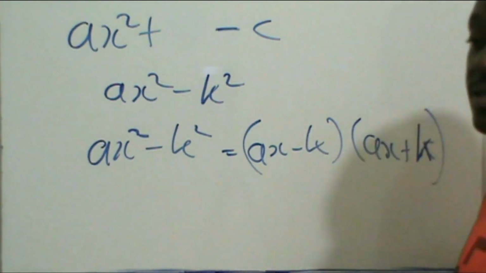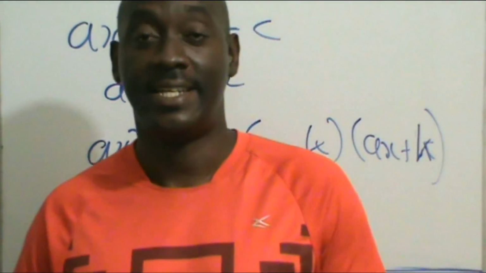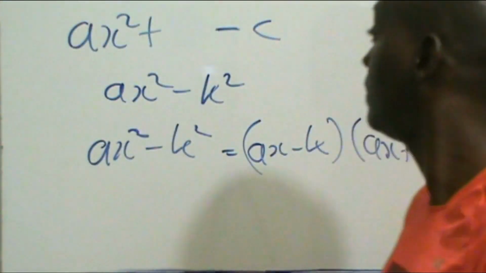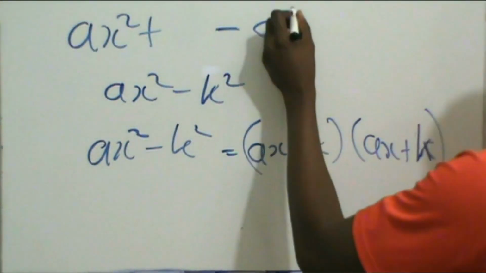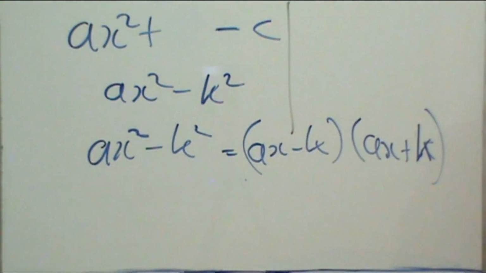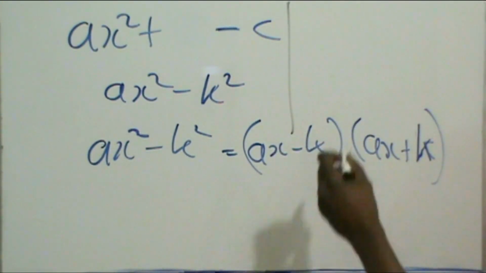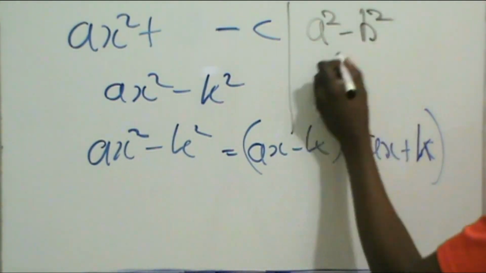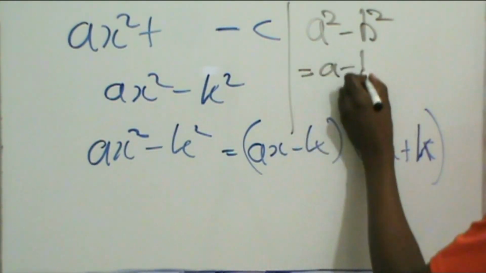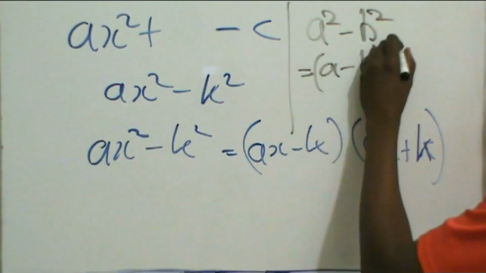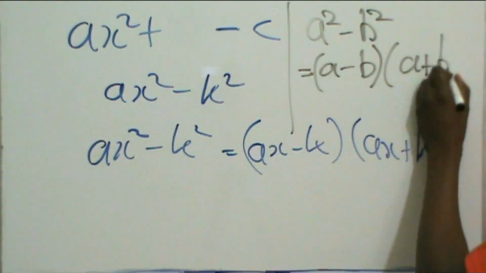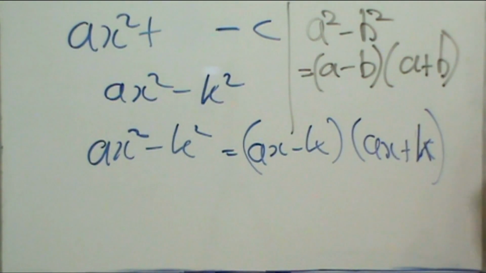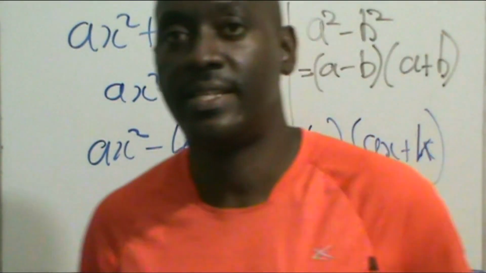The form in which this more generally appears in textbooks is as follows. They would normally have a squared minus b squared is equal to a minus b into a plus b. Alright? Which is basically the same thing.